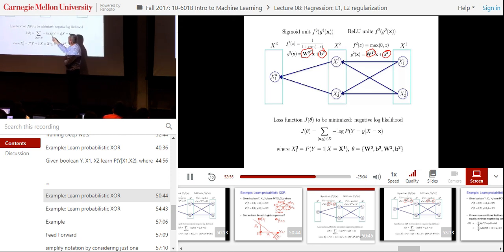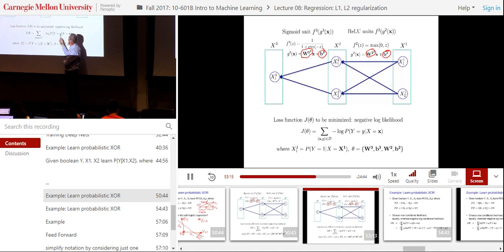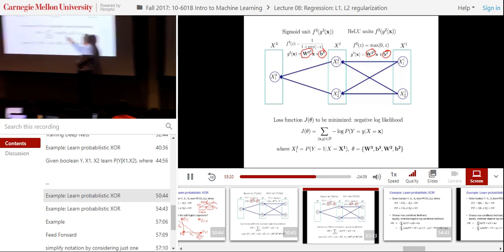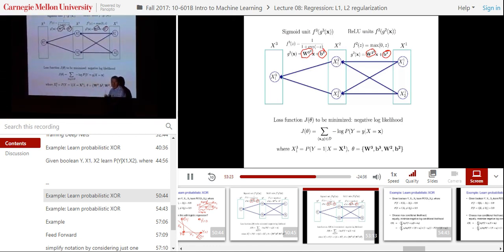And I want this function to be minimized where y is the actual observed value in my training data. So if for a given x the output y is 1, this term refers to whether the output correctly predicts that y equals 1. And if instead y equals 0 in my training data, then this term will be based on the probability it assigned for y to be 0. And then theta, the set of parameters, is, as we discussed, that set of parameters.